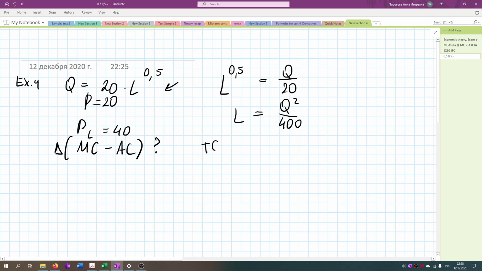And we know that our total cost function is dependent on Q and is equal to price of labor multiplied by labor.